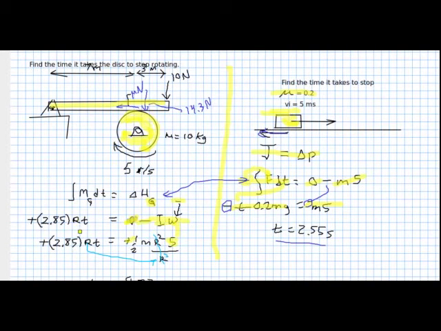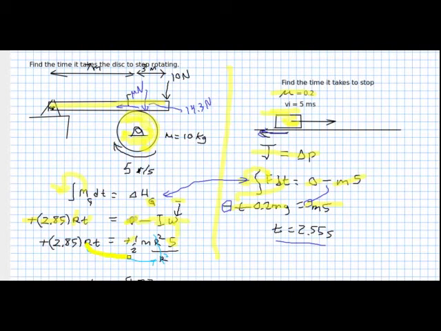Okay, on the other side of the equation, it's the moment, and in this case, the moment slowing it down is a constant, so it can come outside the integral. That moment is force times distance, so it's the 2.85 times r, and that moment is positive. Integral of dt is t.